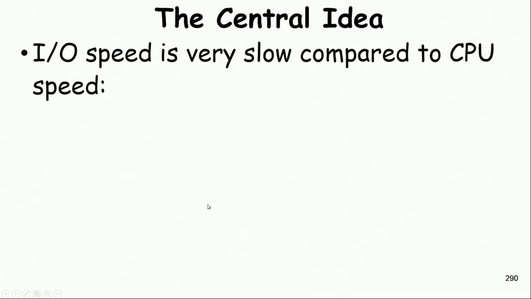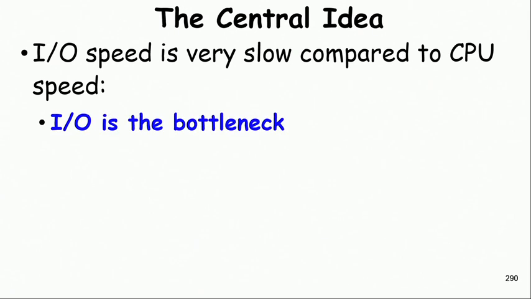The central idea here is that the IO is a bottleneck. The CPU executes at high speed, the IO takes time, and therefore, if a task needs to do its IO, then its priority must be high, otherwise the response time will be low.